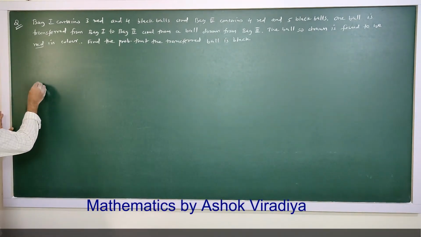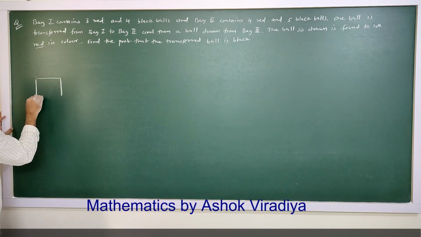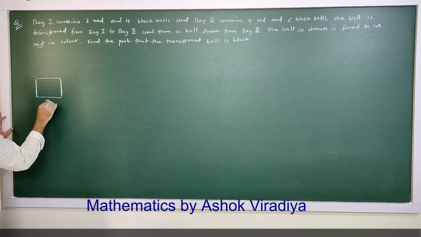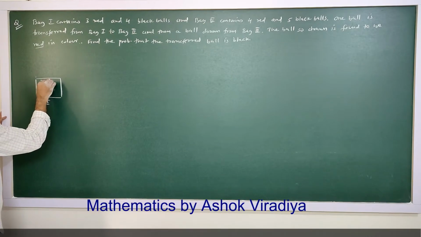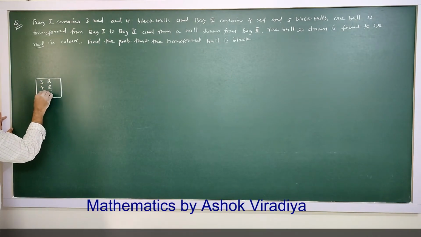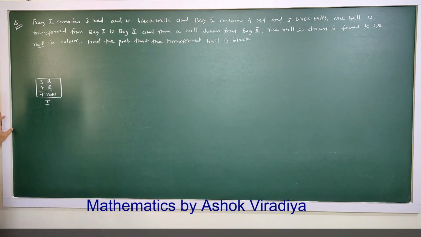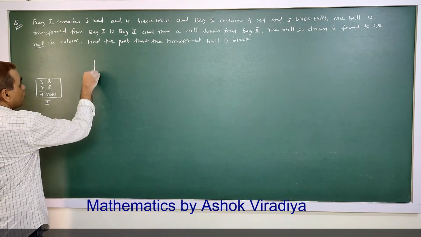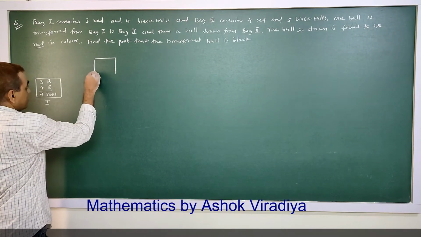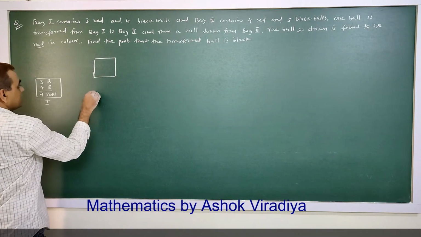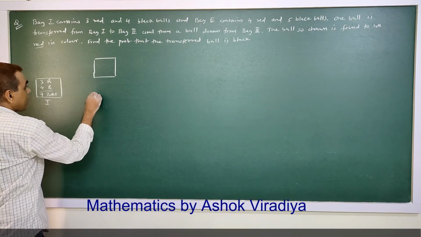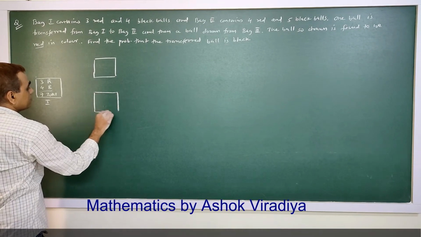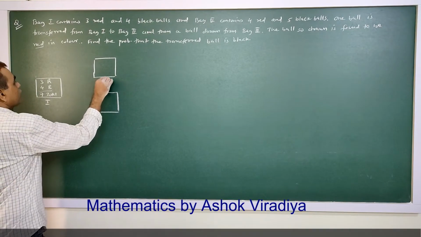See, explaining the story by diagram. Here this is bag 1, in which there are 3 red balls and 4 black balls, so total 7. This is the picture of bag 2.